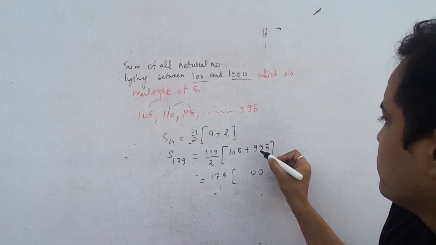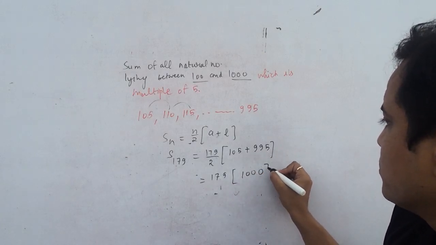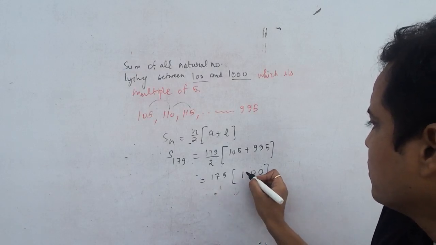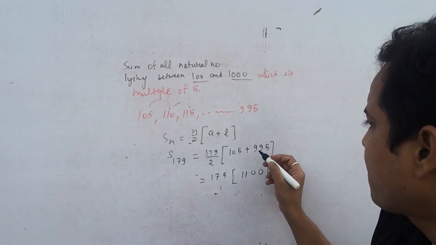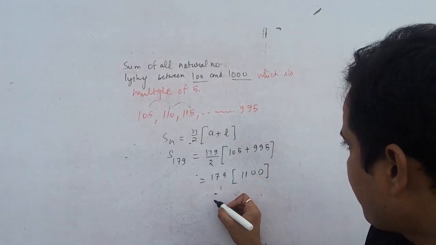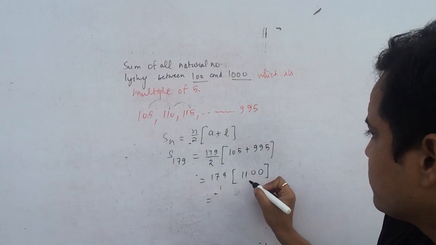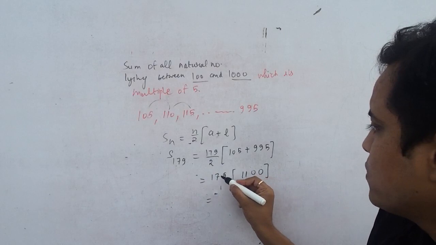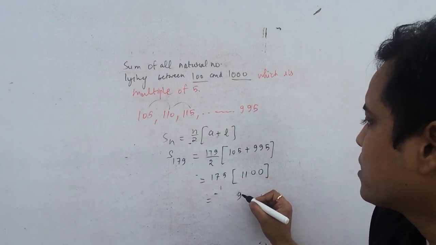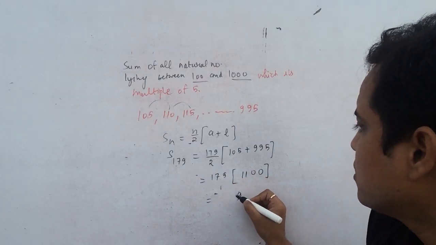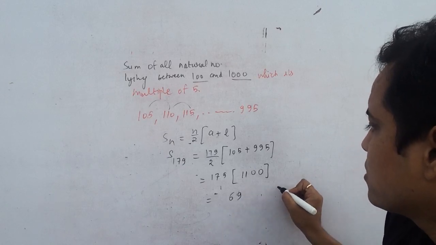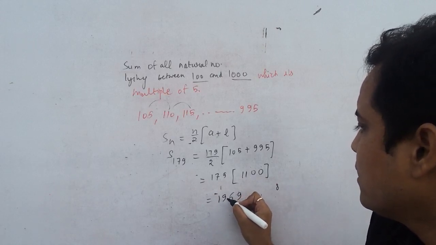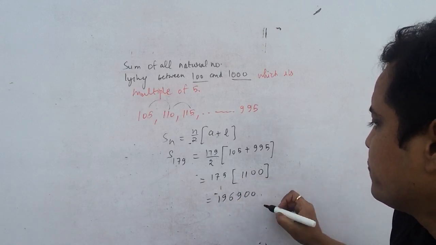Sorry, it is not 1000, it is 1100, I think. Plus 995. So here 11 nines are 99. 11 sevens are 77, 77 plus 9 is 86. 11 ones are 11 plus 8, 19 hundred. This is the answer.